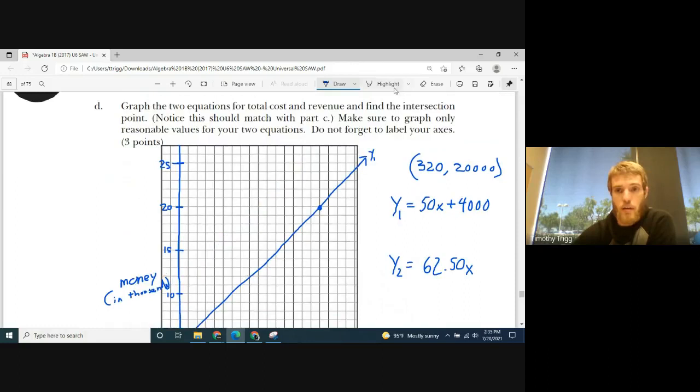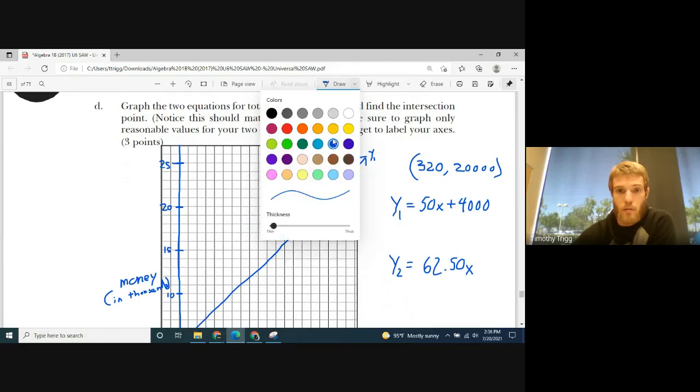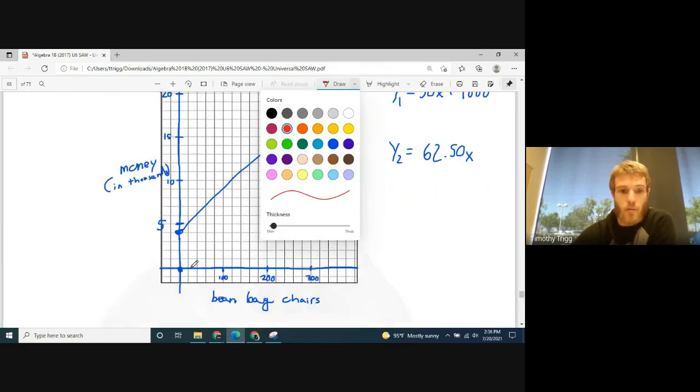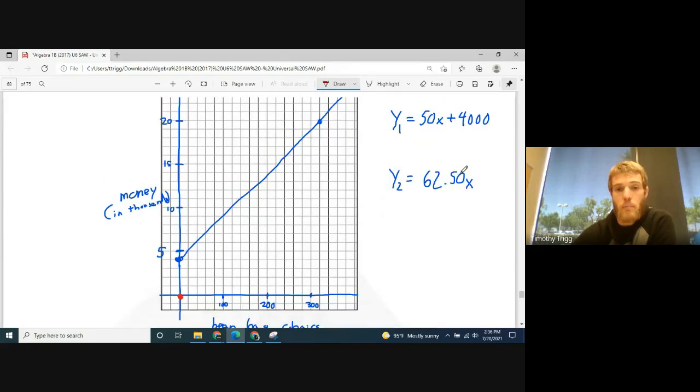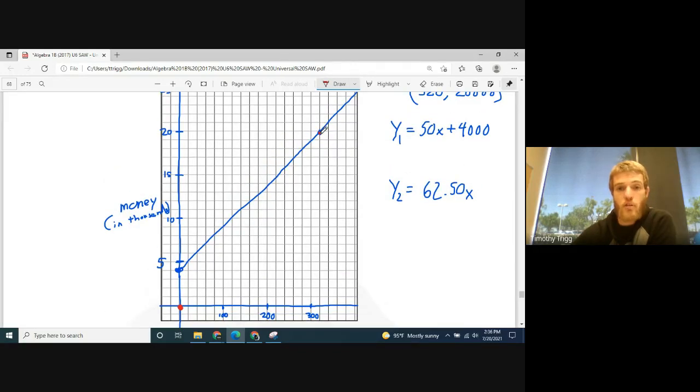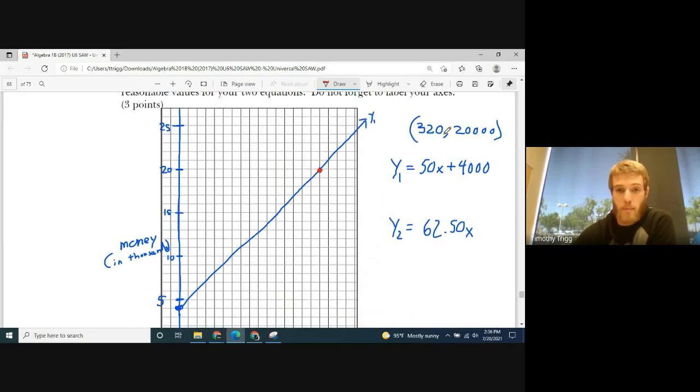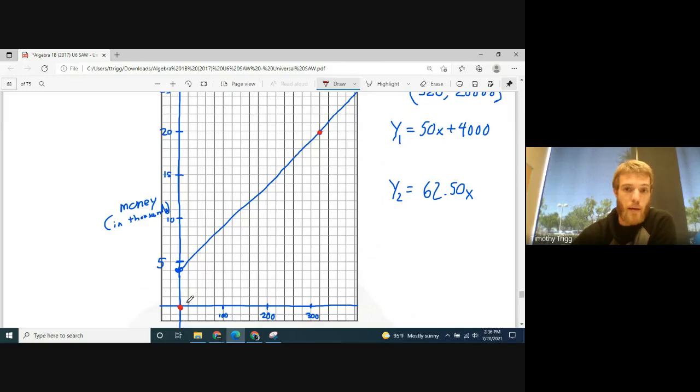Maybe I'll do this one in a different color. Yeah, let's go red. Okay, so I know our y-intercept is 0, but I also know the line has to go through the intersection point, because both of these lines go through the intersection point. So I can draw my line now, connecting my y-intercept to my intersection point.